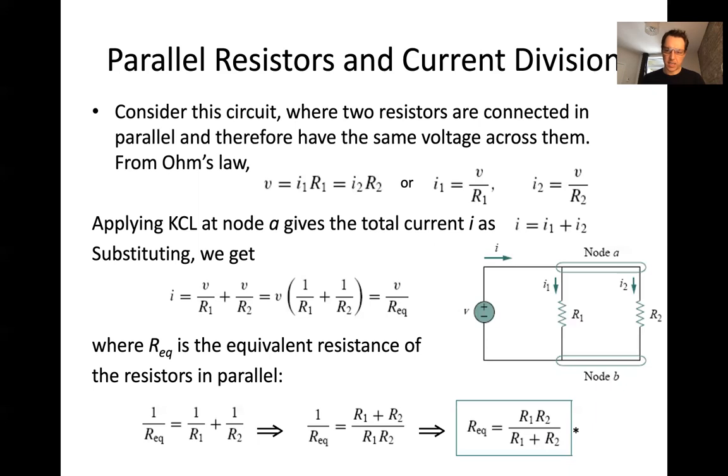And that is interesting because if you take two numbers that are positive, multiply them, and divide by their sum, what you will see is that this REQ is always smaller than the smaller of these two numbers. And you will hopefully convince yourself of that property throughout the course.